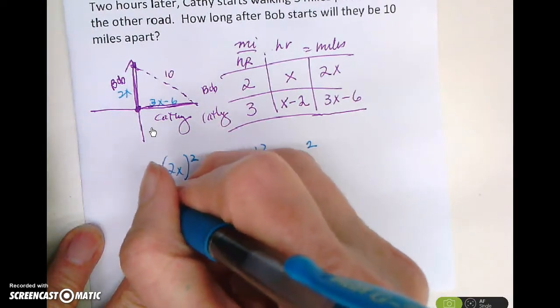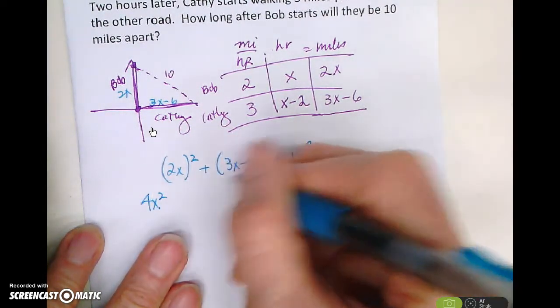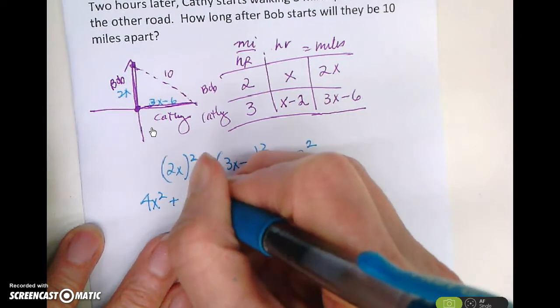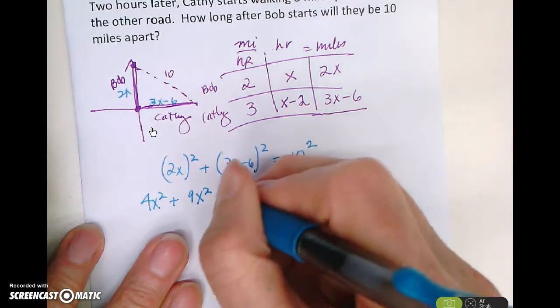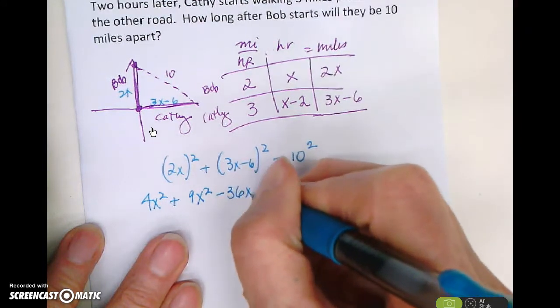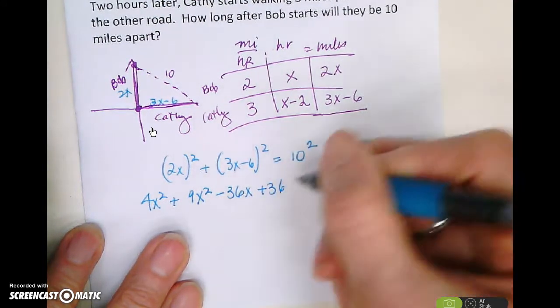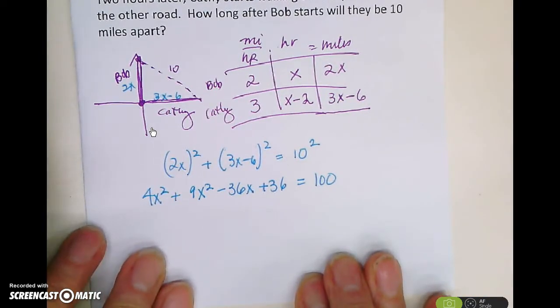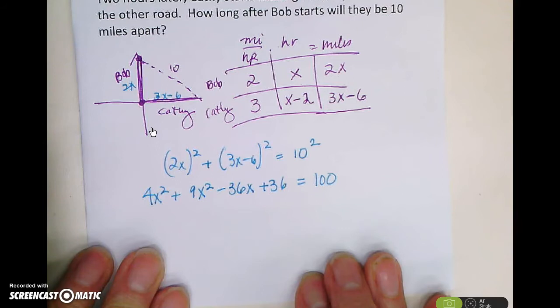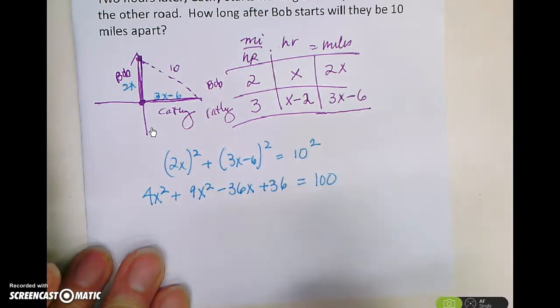I'm going to get 4x squared. I need to FOIL this, so that's going to give me 9x squared minus 18x minus 18x is minus 36x, and then plus 36 is equal to 100. All right, so now in order to use the quadratic formula, I'll need to change this to standard form.